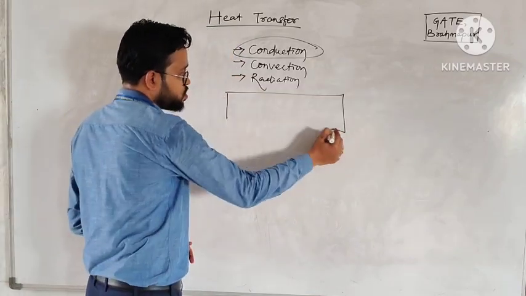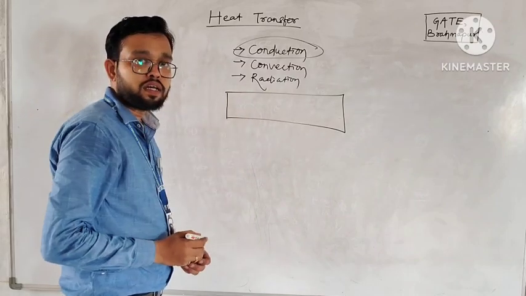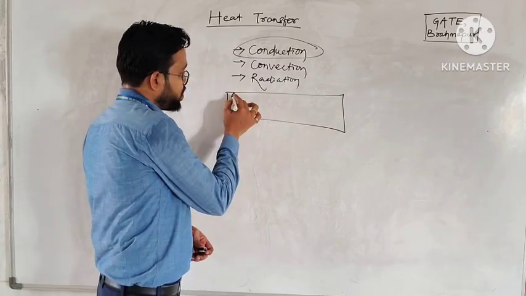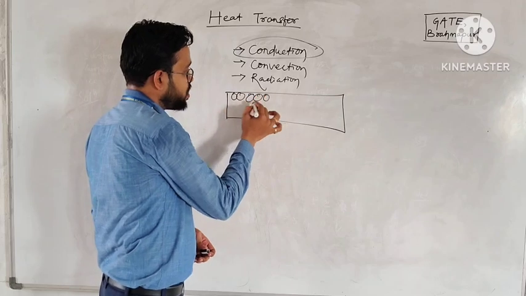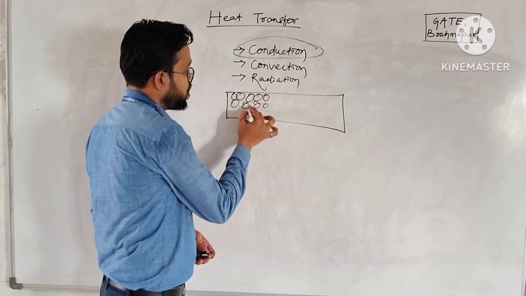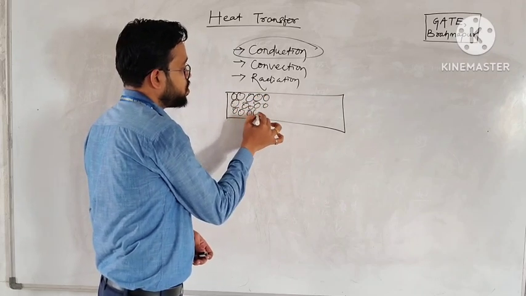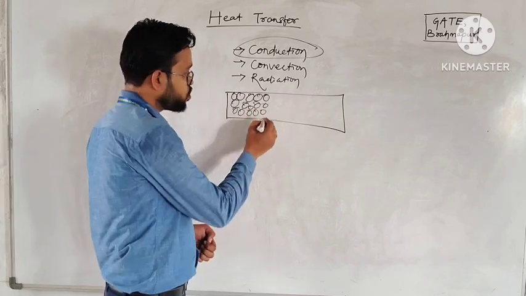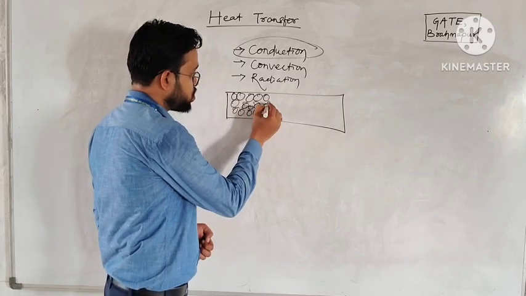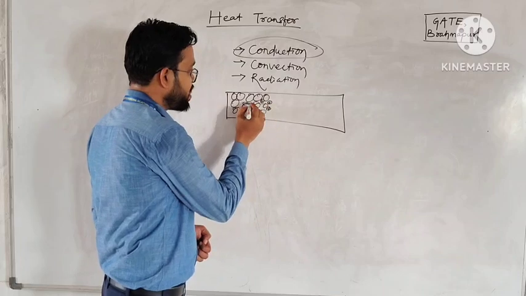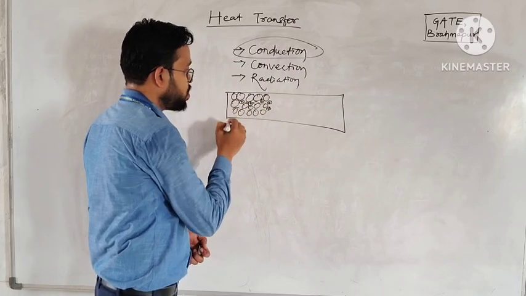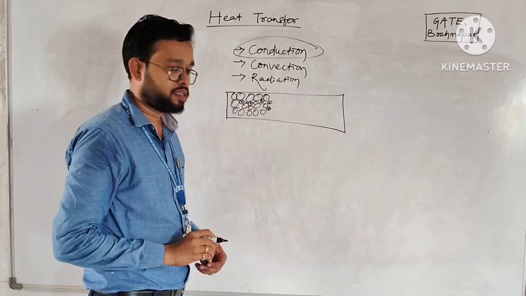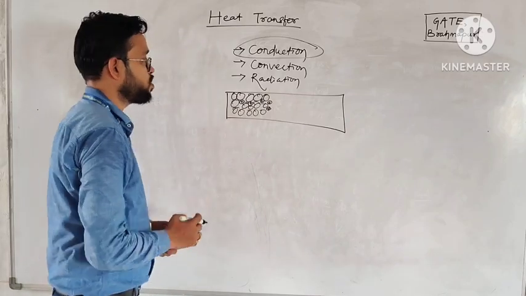So take a solid material. The smallest particles of the solid material are atoms which are having free electrons, which can travel freely inside the solid.